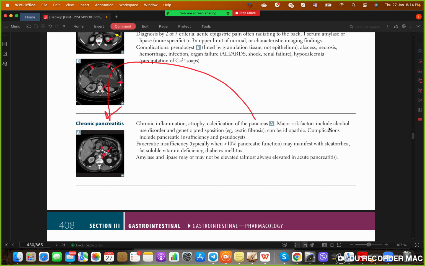The major risk factors include alcohol use disorder and genetic predisposition, for example, cystic fibrosis. Remember, cystic fibrosis patients had this really serious pancreatic enzyme release problem, yeah? This disease can also be idiopathic. Complications include pancreatic insufficiency and pseudocyst formation, okay?